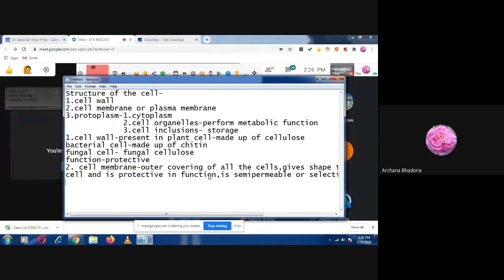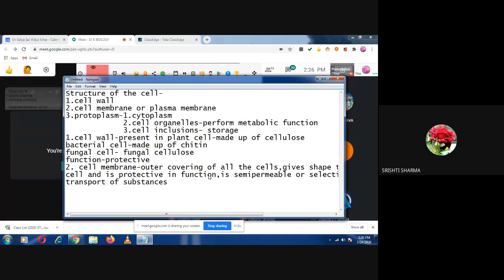Now the next function: it helps in transport of substances. Since it is selectively permeable, it will help in transport of substances. From where to where? Can you tell me, children?